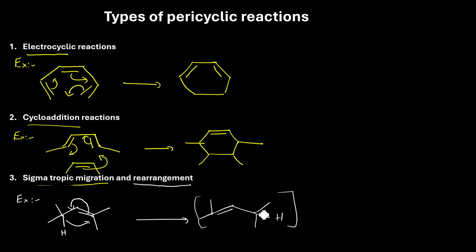We will talk more about these rearrangements in our next few videos, but for now what I want to talk about in more detail is the sigmatropic migration. There are specific ways to name these sigmatropic migration reactions, so we will talk about the naming in this segment. Here I'm going to take an example to explain how this works.